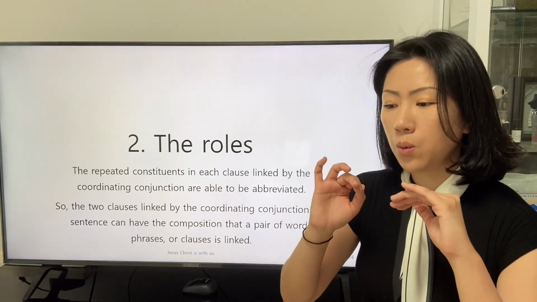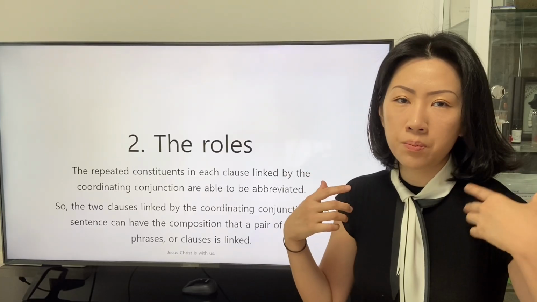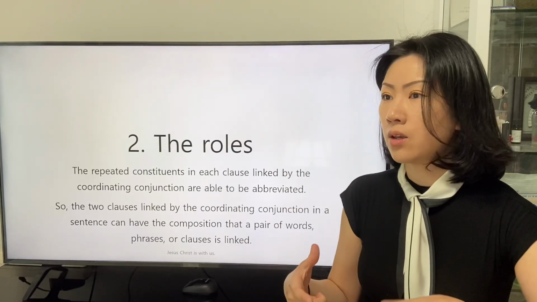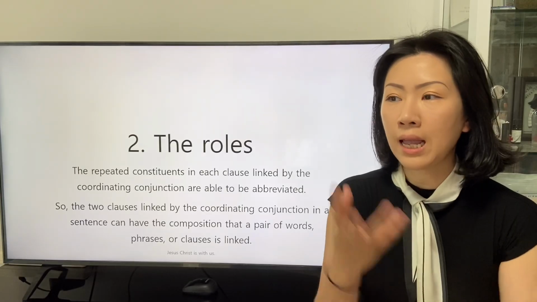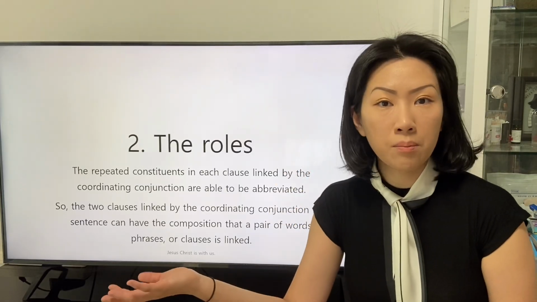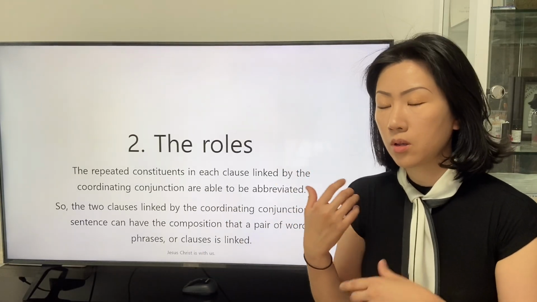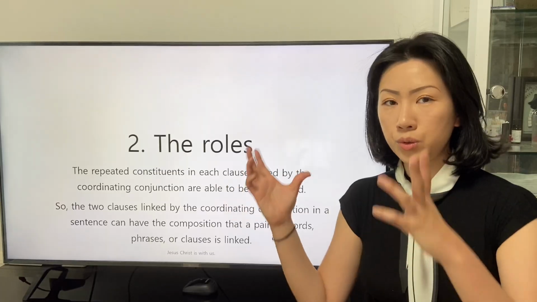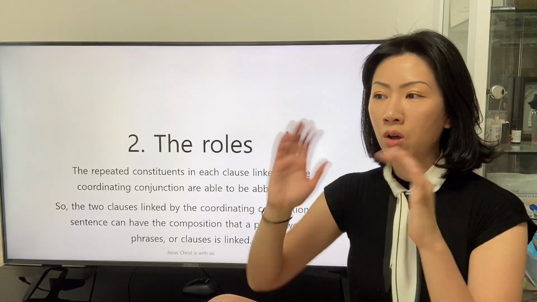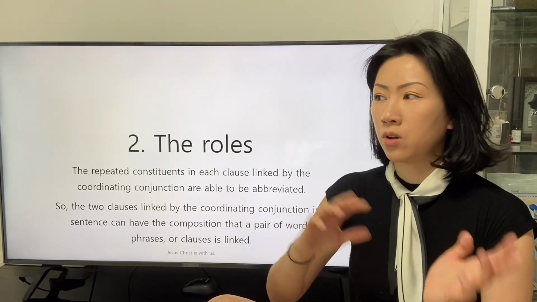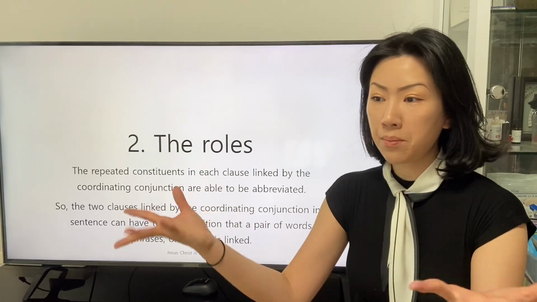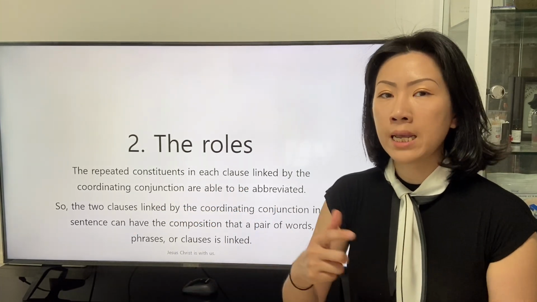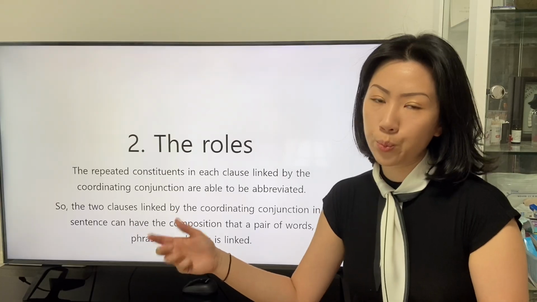But as we consider the abbreviation, we can say the two clauses like this. I like an apple and I like a banana, but it is more convenient to abbreviate the repeated part of the latter part. So we can briefly say like this. I like an apple and a banana.